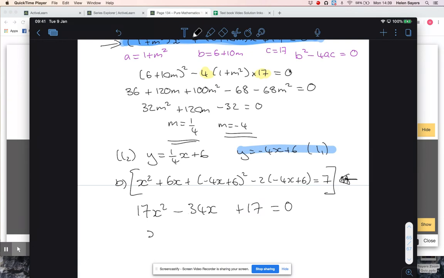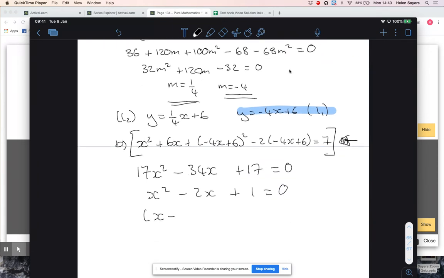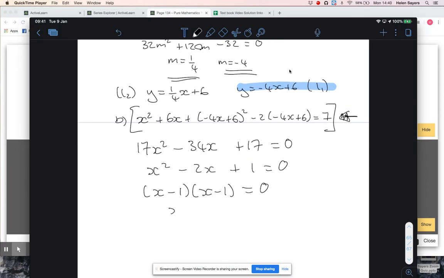So obviously that cancels through by 17. And then that factorizes to minus 1 and minus 1. And we knew there was going to be repeated roots. Remember, that was sort of the whole premise of using the discriminant. So we get x is 1.